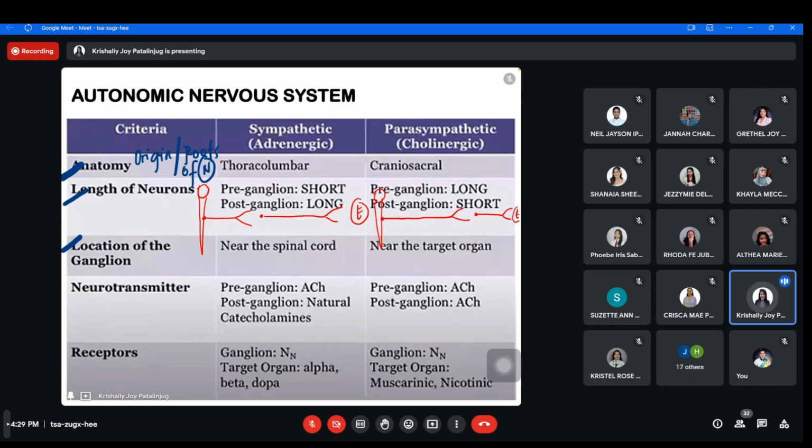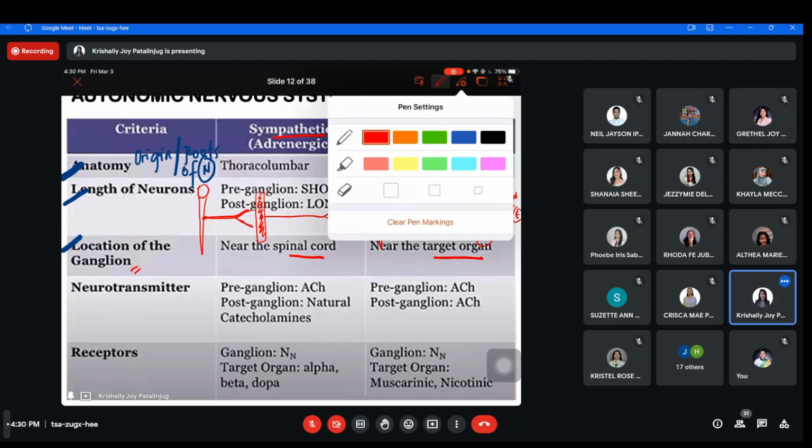Okay, and based on that length of neuron, you can also distinguish the location of the ganglion, where the ganglion is near. Since the preganglionic neuron of the sympathetic is shorter, its ganglion is located near the spinal cord, whereas for parasympathetic, the postganglionic neuron is shorter, therefore the ganglion is near the effector organ or target organ.